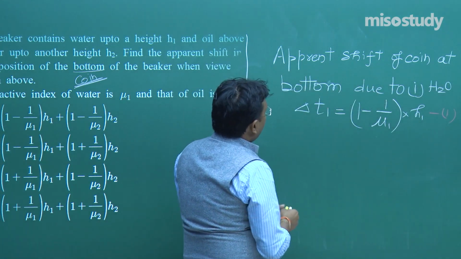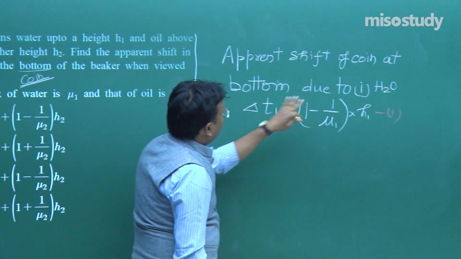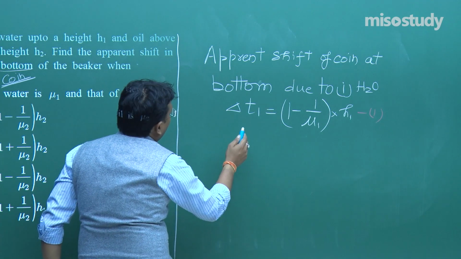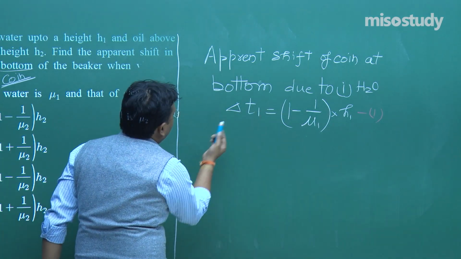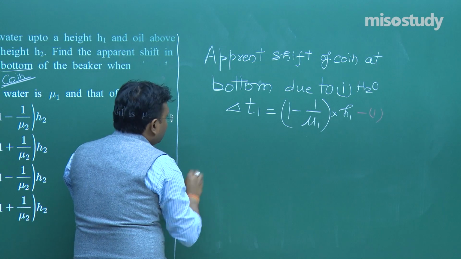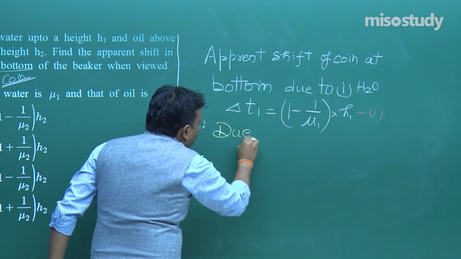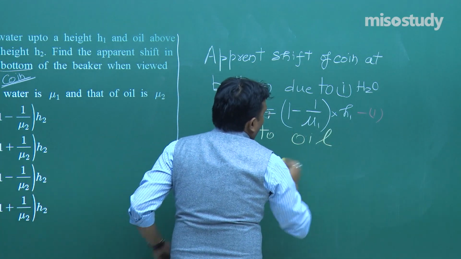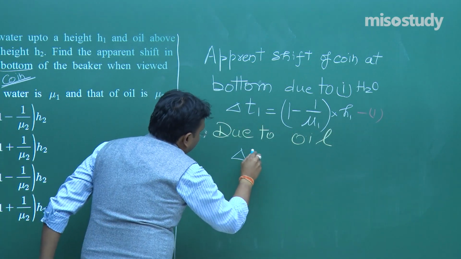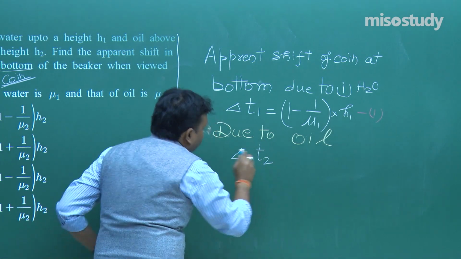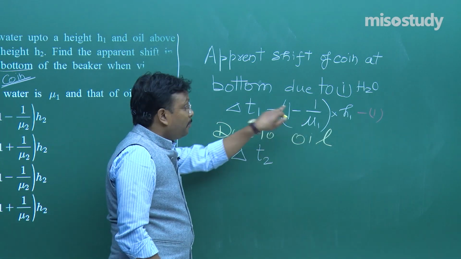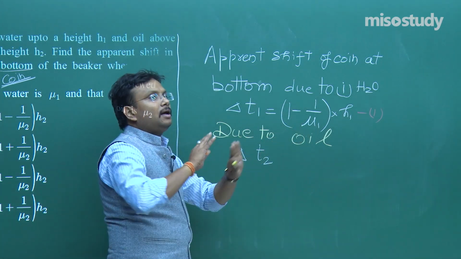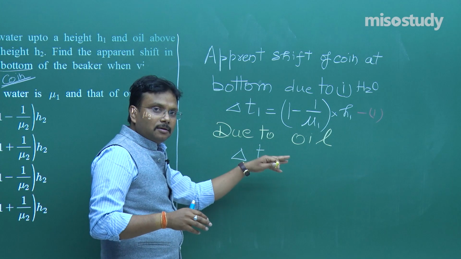Now apparent shift of coin at bottom due to oil. I'm not going to write down the complete sentence, simply I am saying due to oil. Let's say it's delta T2, same formula. This is the beauty of this problem. So once you are able to recall the formula, let's relax, we'll keep on writing, no problem.